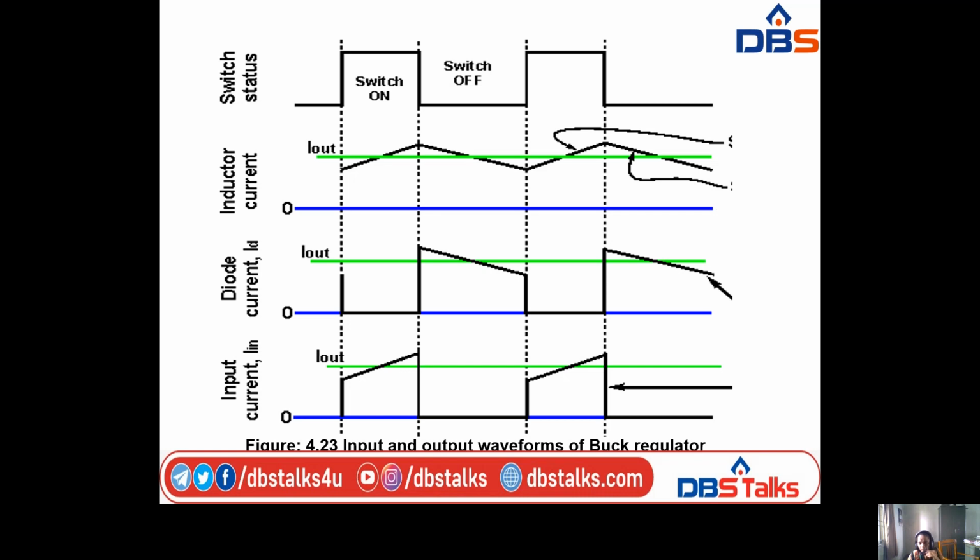So the input current is obtained in the switch on position only. Here we have the inductor current, diode current and input current.